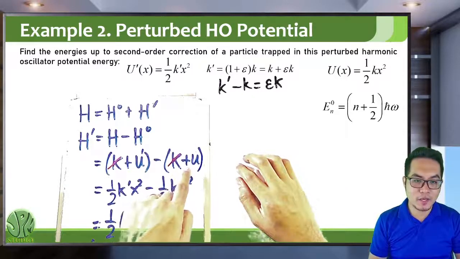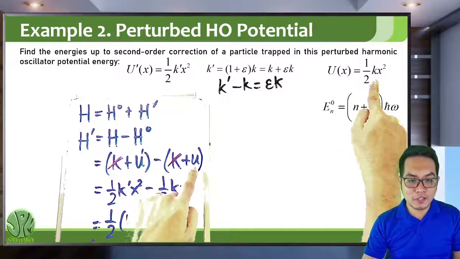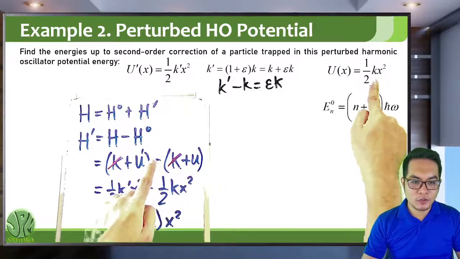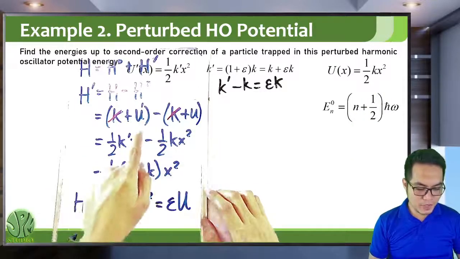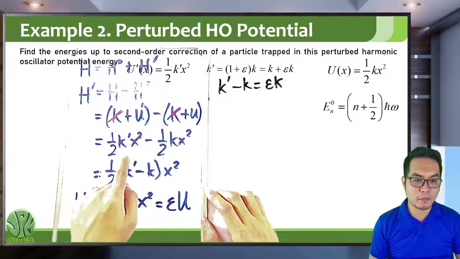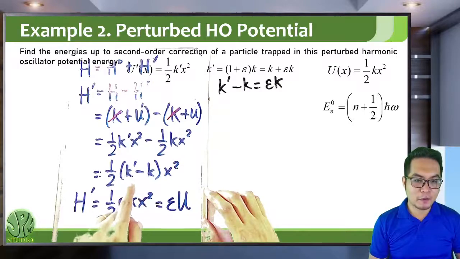So kinetic energy plus the old or the original unperturbed potential energy, U. So the kinetic energy will cancel out, and then you will just have U prime minus U. U prime is 1/2 k prime x squared, U is 1/2 kx squared. So you will have 1/2 (k prime minus k) x squared.